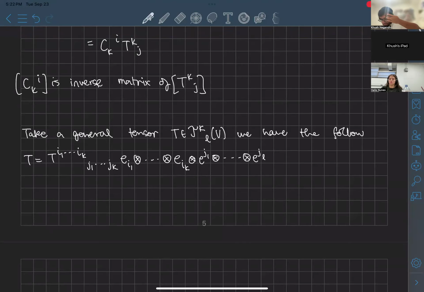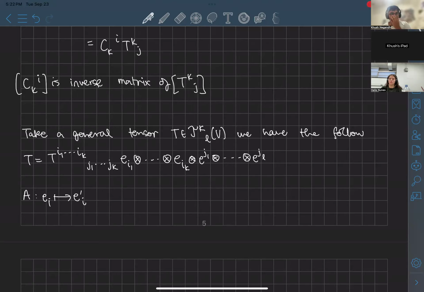Instead of writing all of this, we can talk about a tensor just by its components. So we don't have to write out all this every single time. Now we take a transformation A that takes the basis e_i to the basis e'_i.